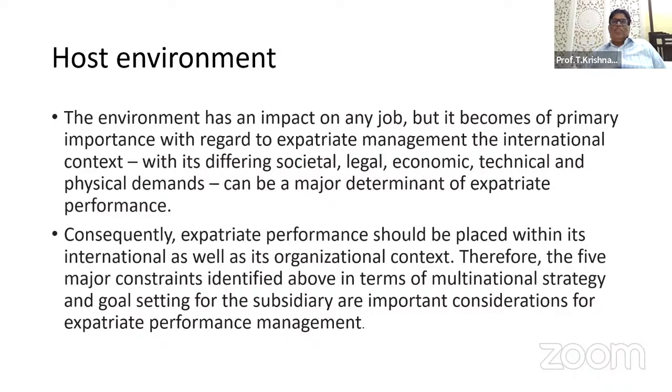And these can be a major determinant of expatriate performance. Consequently, expatriate performance should be placed within its international as well as organizational context. Therefore, the five major constraints identified above in terms of multinational strategy and goal setting for the subsidiary are important considerations for expatriate performance management.